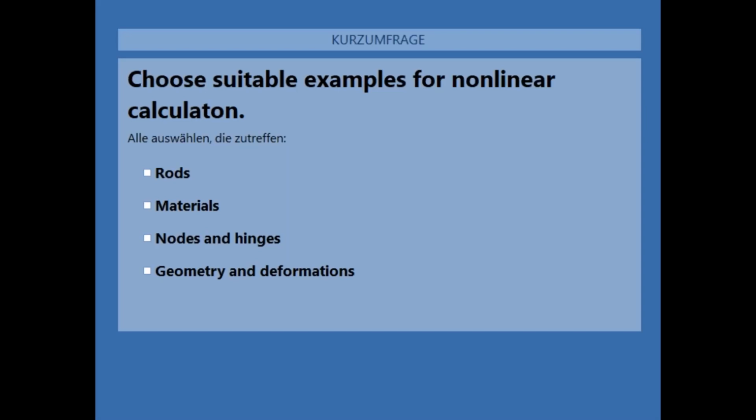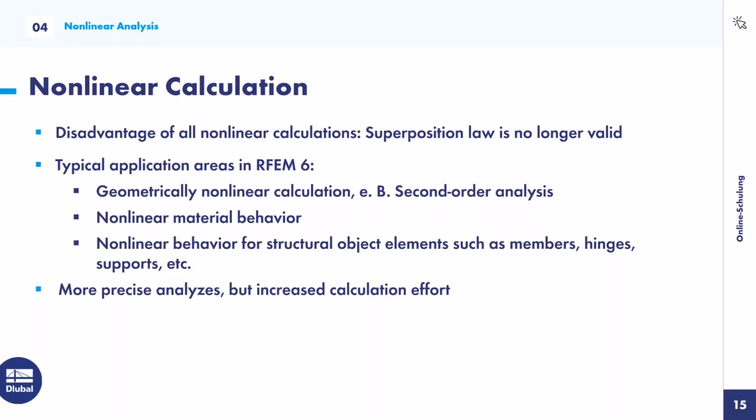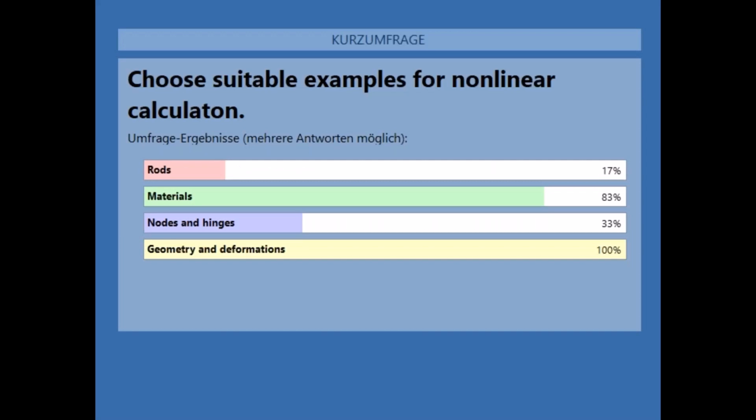Okay, some did vote. So I will close this one and show the results. Okay, just as a hint, every answer was right. So all four answers were right. Everything can have nonlinearities. Rods can have nonlinearities, materials, nodes and hinges and supports, and the geometry with this P-delta effect.